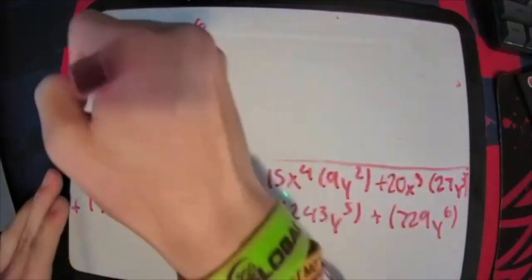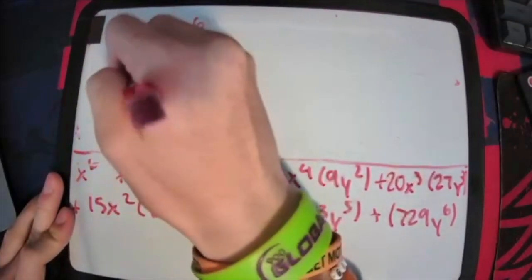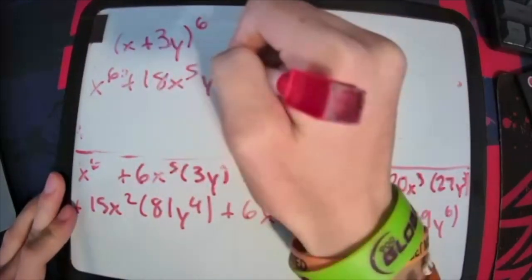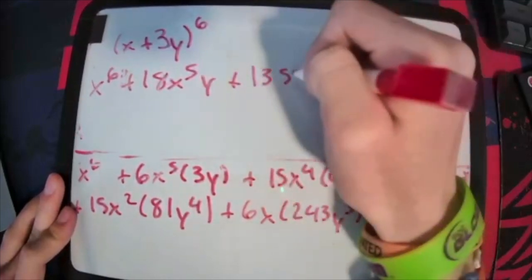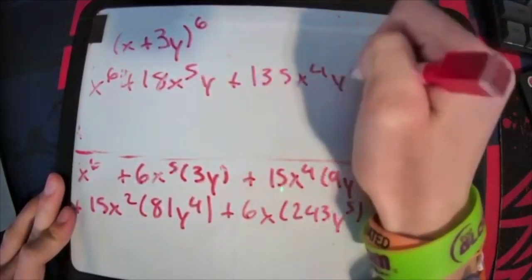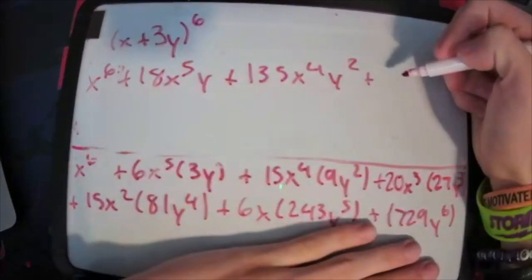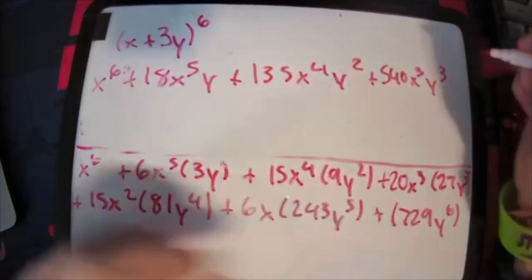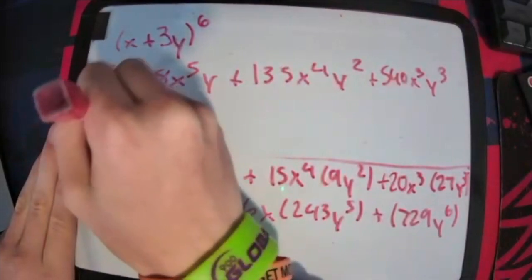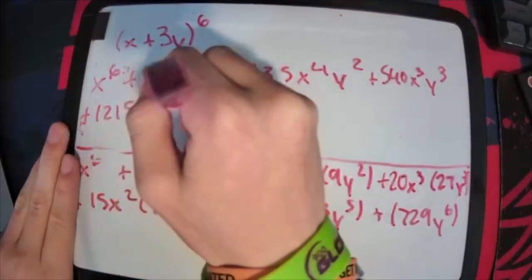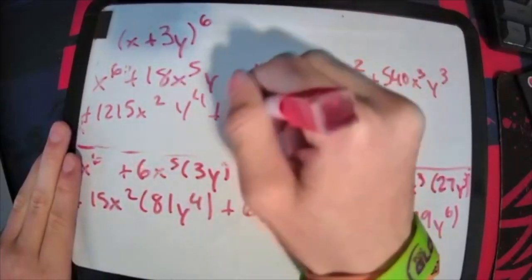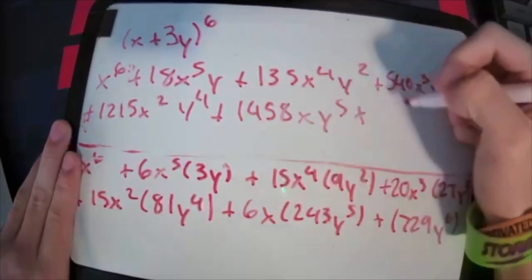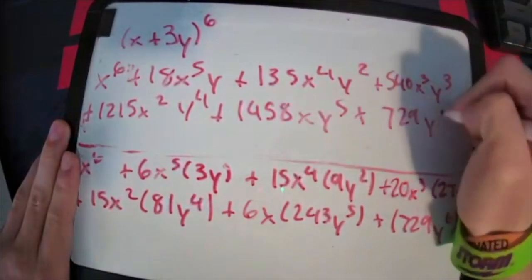So we have x to the 6th plus 18x to the 5th y plus 135 x to the 4th y squared plus 540 x to the 3rd y to the 3rd plus 1215 x squared y to the 4th plus 1458 x y to the 5th, and finally 729 y to the 6th.